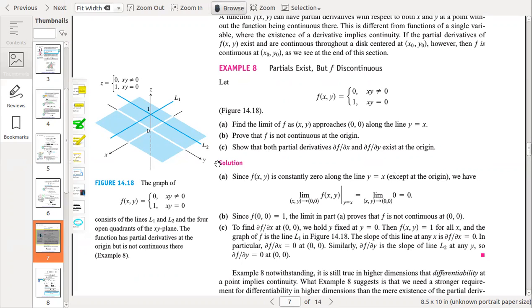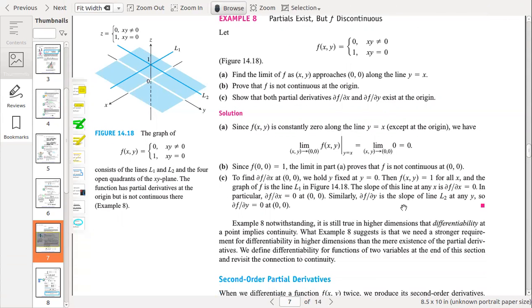So solution: since f of x, y is constantly 0 along the line y is equal to x, except at the origin, we have the limit as (x, y) approaches (0, 0) of f of x, y is equal to 0.